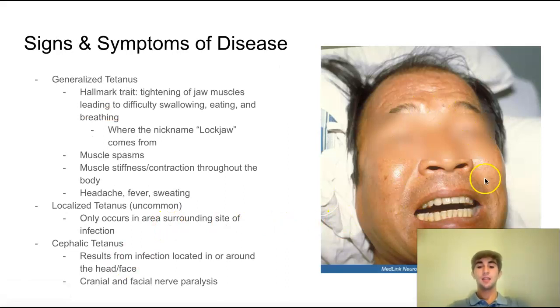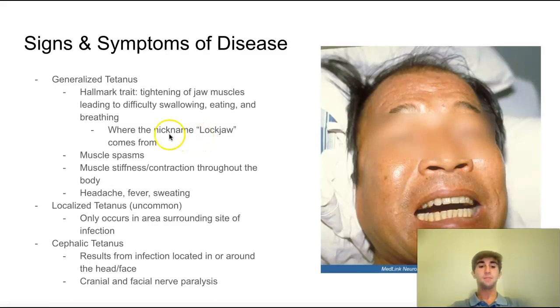So here you can see that hallmark trait of tetanus, which is the tightening of jaw muscles, the contraction of them. That's going to lead to difficulty swallowing, eating, breathing. This condition is known as lockjaw, and that's also another name for tetanus disease.